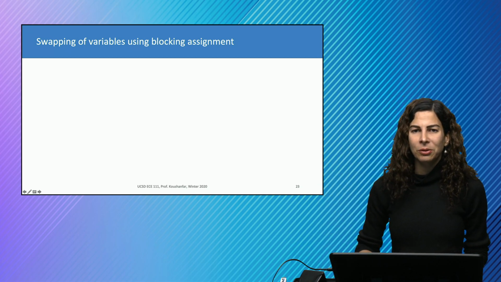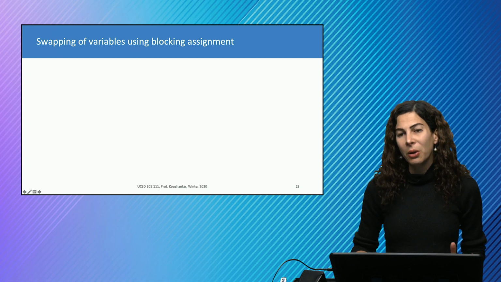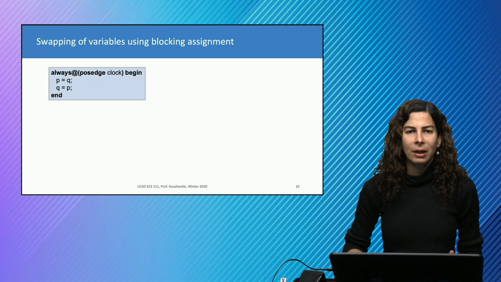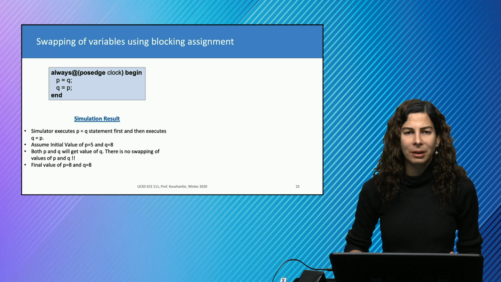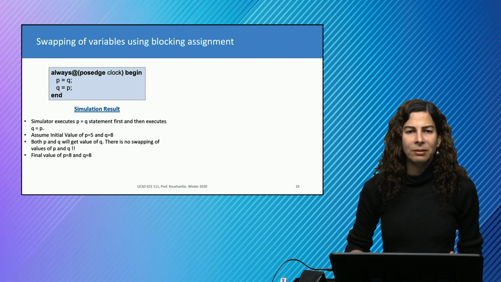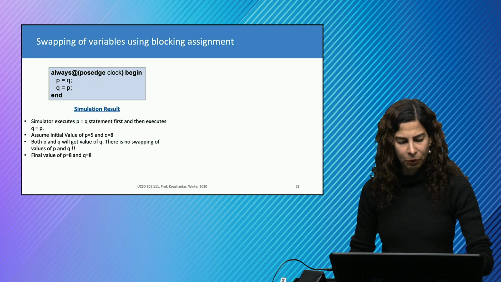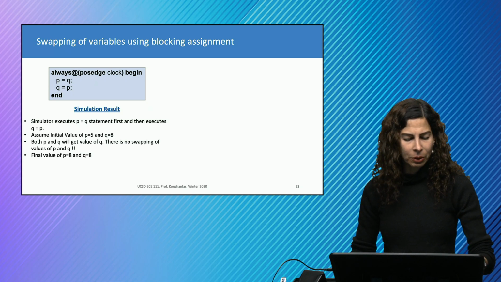In order to do this using blocking assignment, the only way we could do it is to introduce a temp variable. Here we have this blocking assignment. This will execute p equal q first, and then executes q equal p.